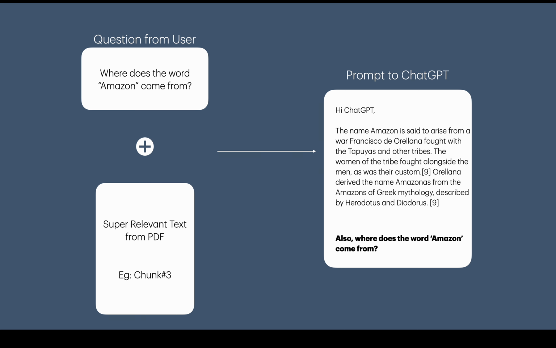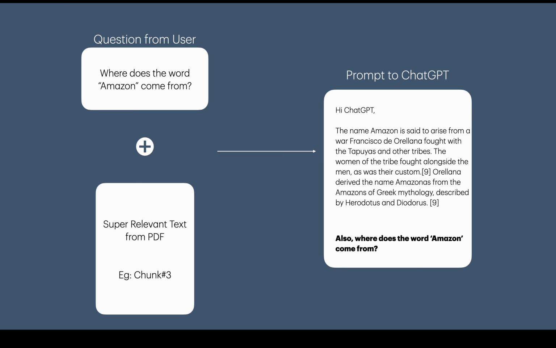We'll just say, hi ChatGPT, the name Amazon arises from something which was the content of chunk 3, and at the end we'll ask, where does the word Amazon come from? So now we have reduced the size of the content which we are passing to ChatGPT.